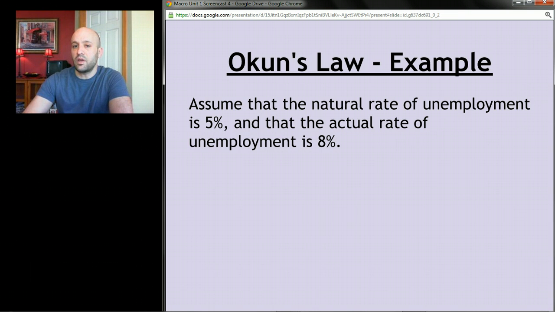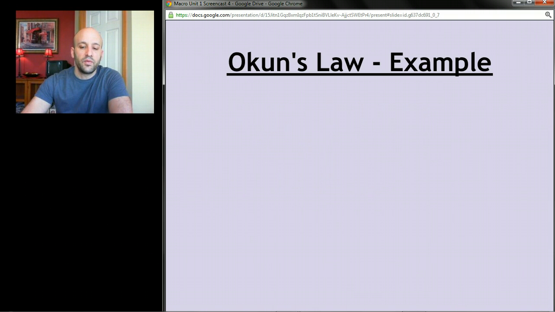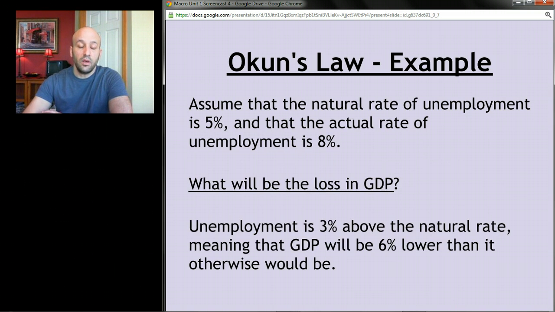So this is 3% above what the unemployment rate is supposed to be, that natural rate. As a result of that, the loss of GDP is going to be twice that. If unemployment is 3% above the natural rate, we could expect GDP to be 6% lower than it otherwise would be. And in an economy where we produce a GDP in the trillions of dollars, 6% is a pretty big figure.